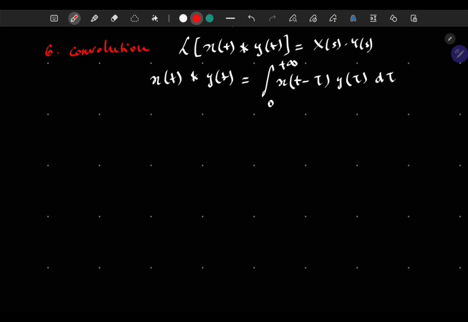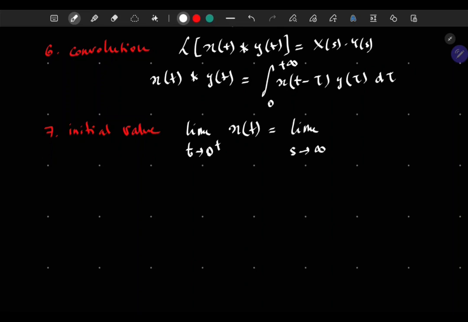Finally, we have two interesting theorems, which are the initial and final value theorems. The first one states that the limit for t that tends to 0 from the right of x(t) is the same as the limit for s that goes to infinity of s times the Laplace transform of the signal.